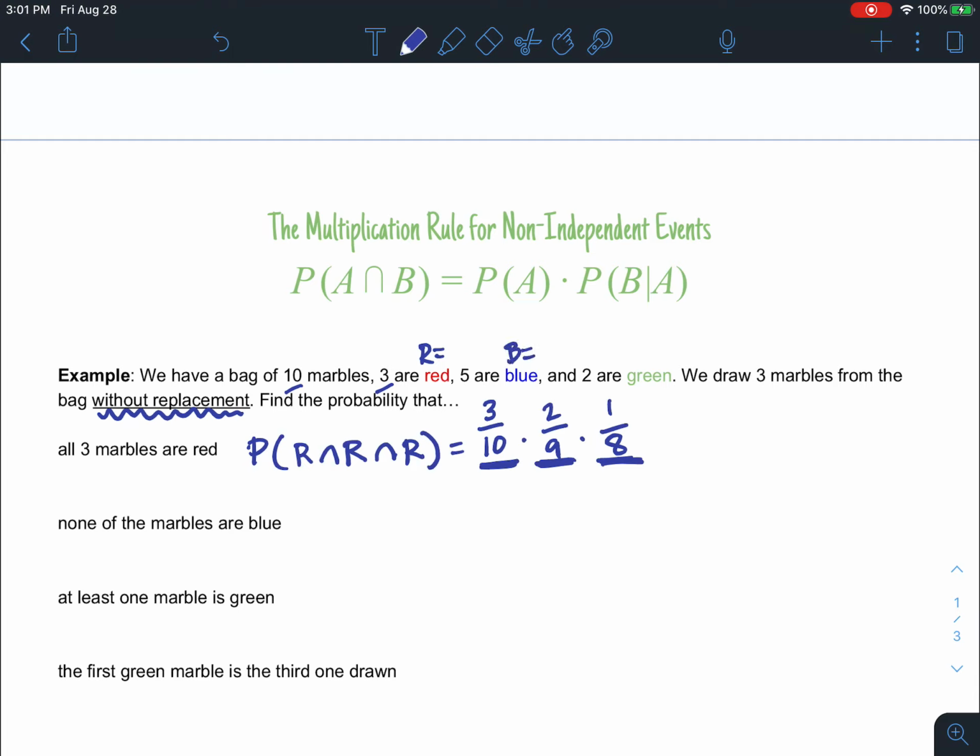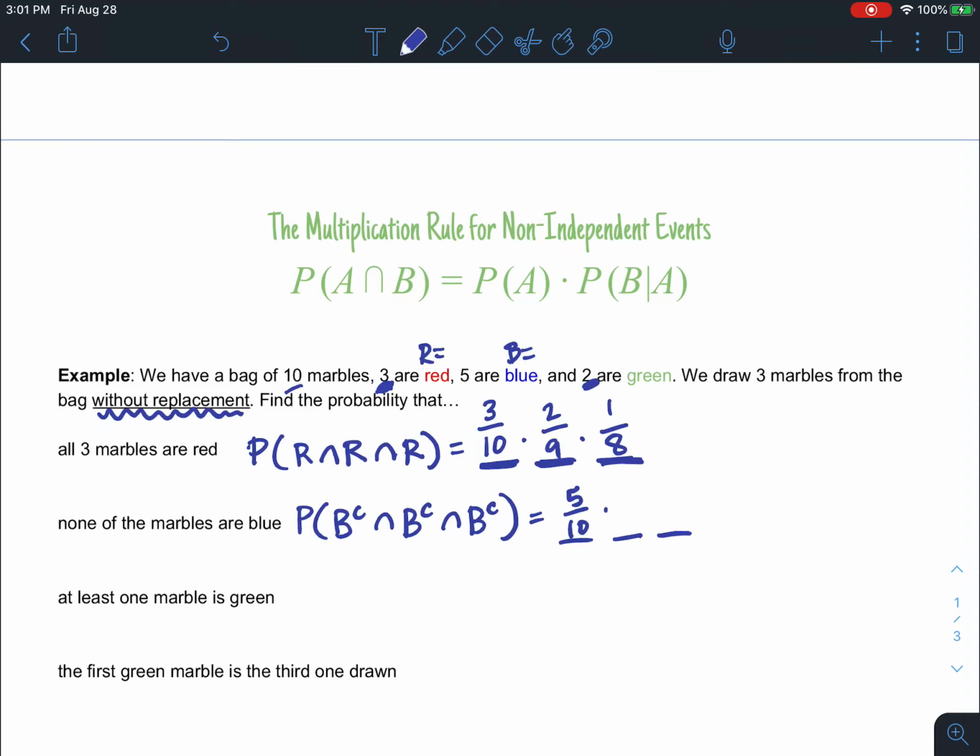All right, let's let B be blue. Let's do the next problem. It says, what's the probability that none of the marbles are blue? So the probability of not blue, and not blue, and not blue. Here are my 3 draws out of the bag. The first draw, I'm thinking, what's the probability that it's not blue? Well, that's going to be 3 plus 2, 5 out of 10.